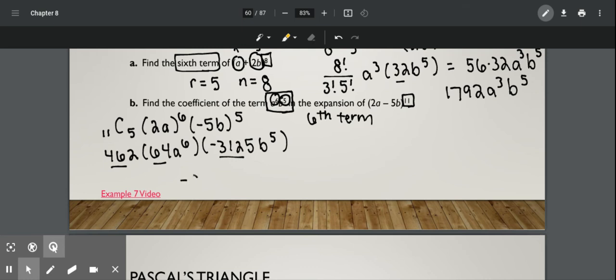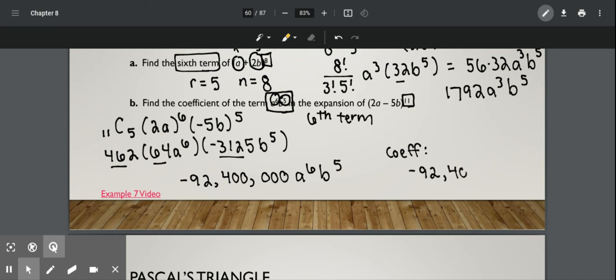So we get negative 92,400,000 a to the 6th, b to the 5th. And so the coefficient, because they just ask us to find the coefficient, is just that number out front. So we would say the coefficient is negative 92,400,000.